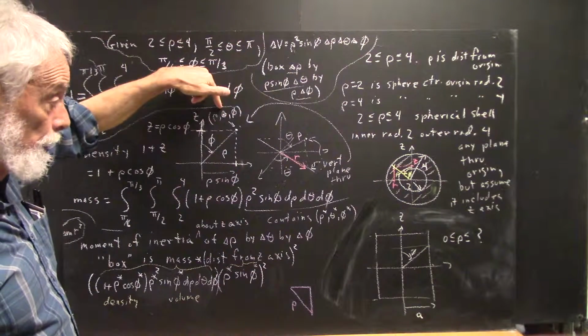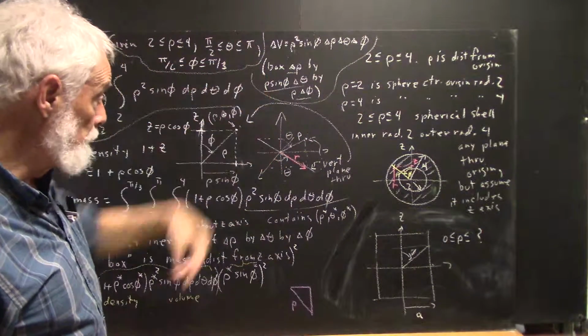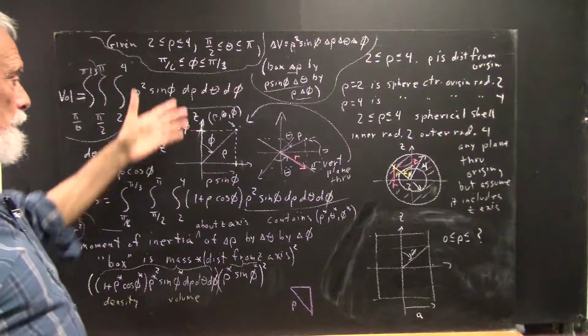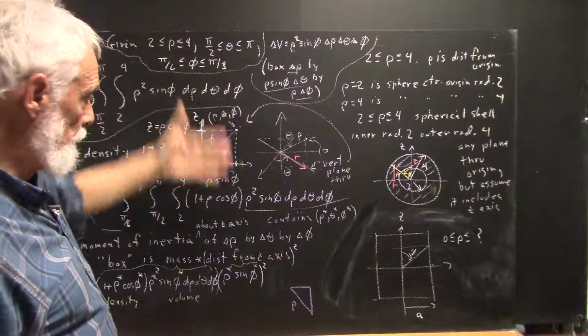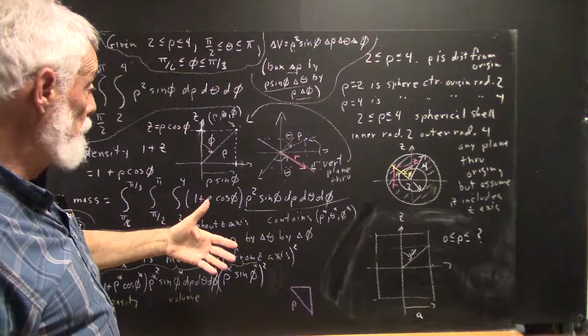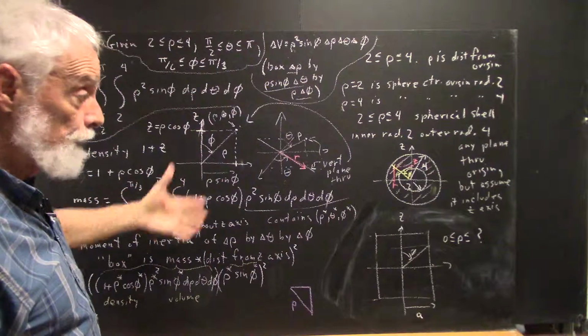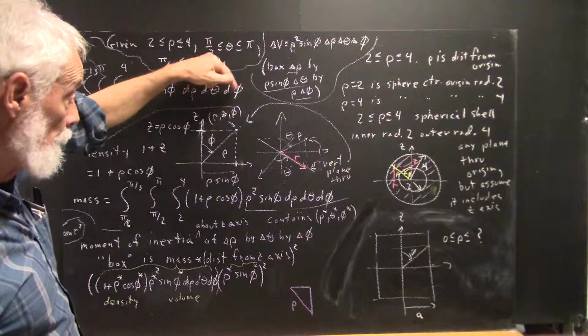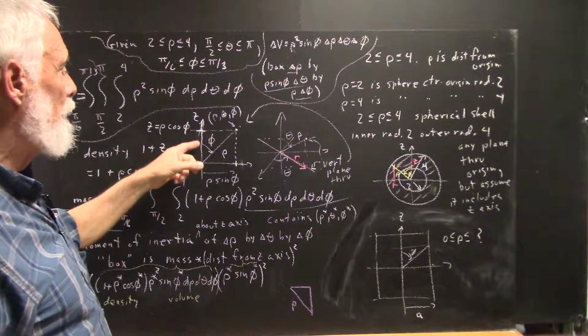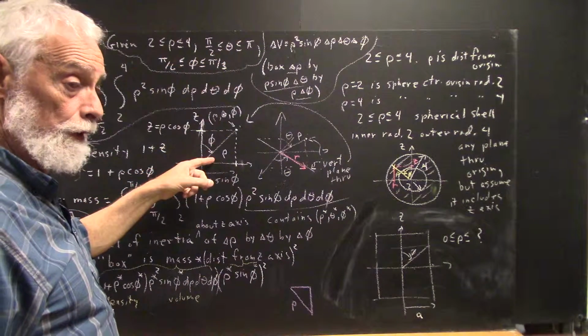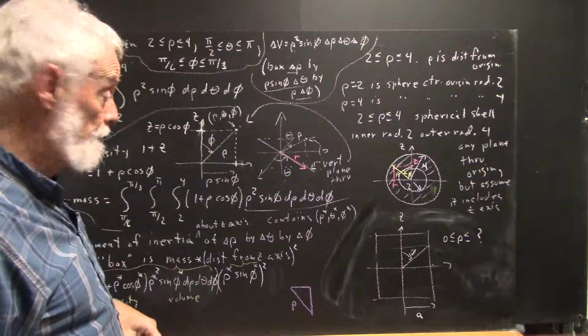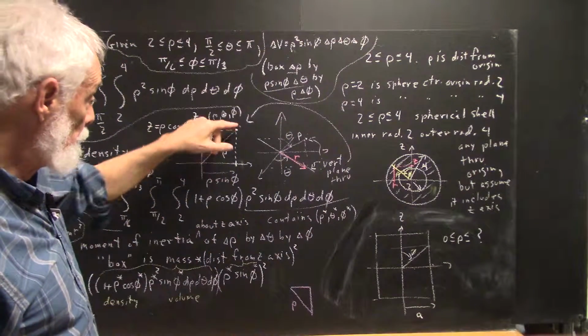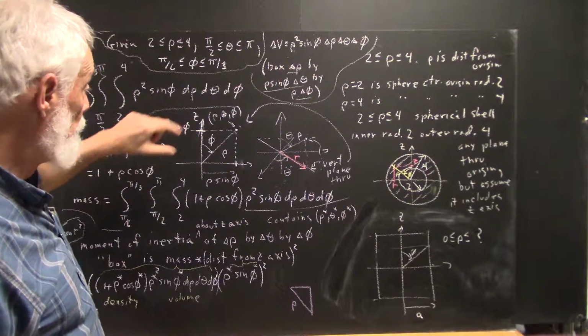Since the theta coordinate here is theta. So we cut it with that plane, and then we look at the two-dimensional cut that we get. It includes the z-axis because we cut this thing with a plane that included the z-axis. It includes the point rho, theta, phi. And phi is the angle from the z-axis to our radial vector, and rho is the length of that vector. So here's what we have.